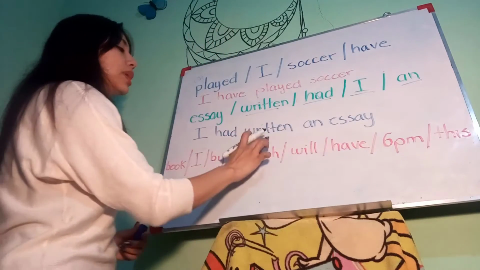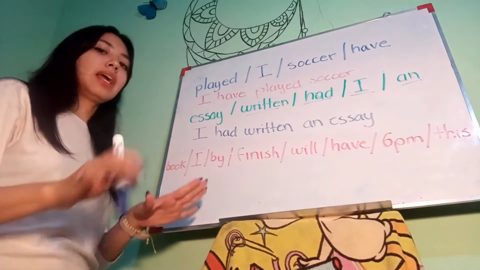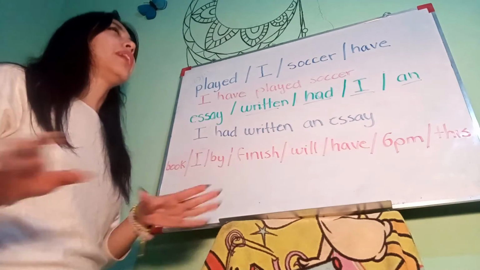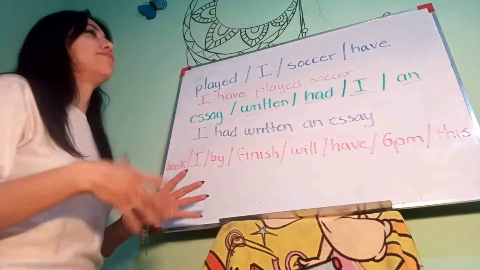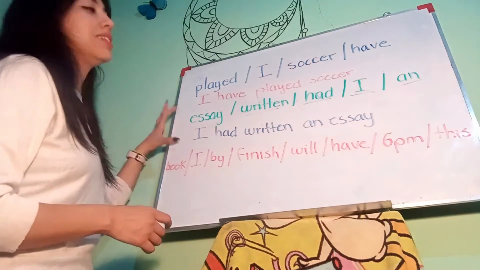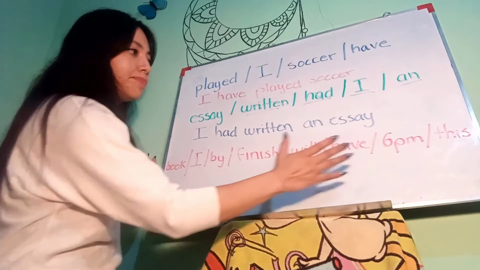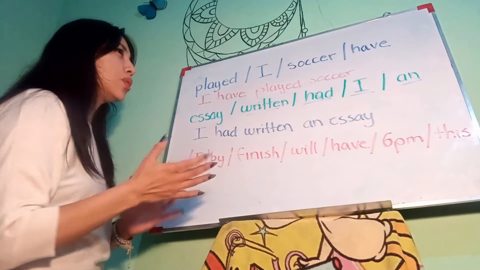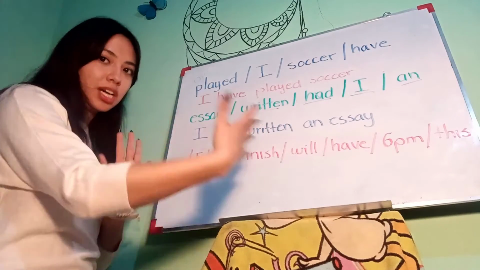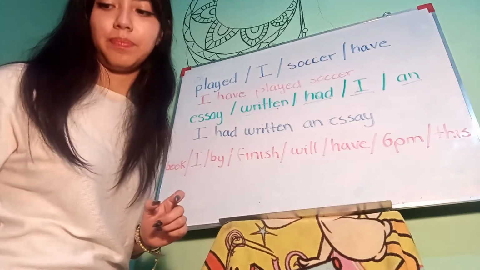Yes, I have written an essay. Okay, at this point, you can see what I'm talking about. In this sentence, it could be a little longer, but yes, you can do it.